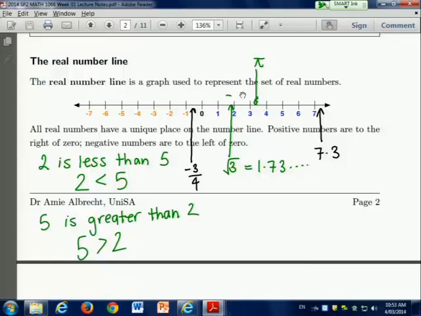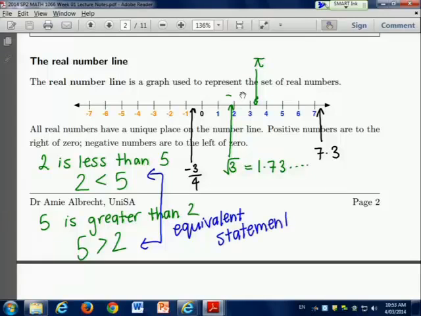It doesn't matter if I say 2 is less than 5 or 5 is greater than 2. These two statements are saying exactly the same thing. It doesn't matter which way around you write it, as long as your signs are going in the right direction. Okay, good. So, less than sign, greater than sign.